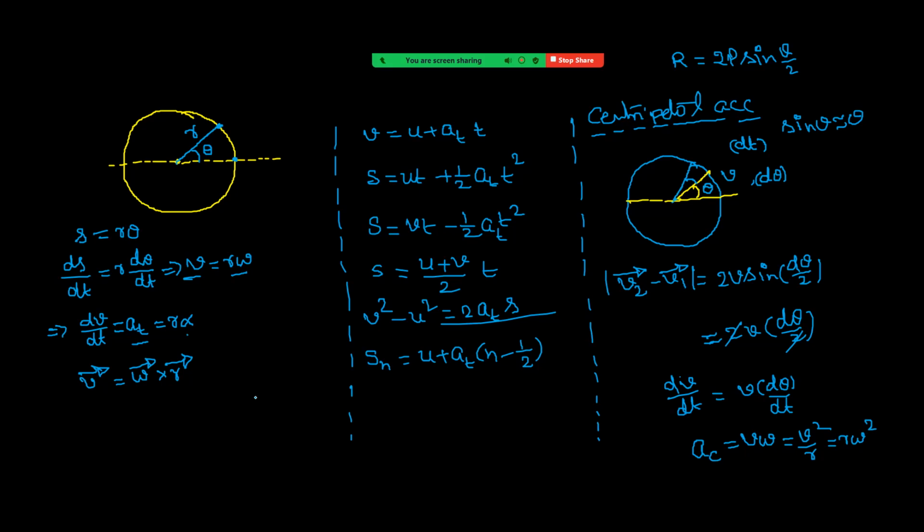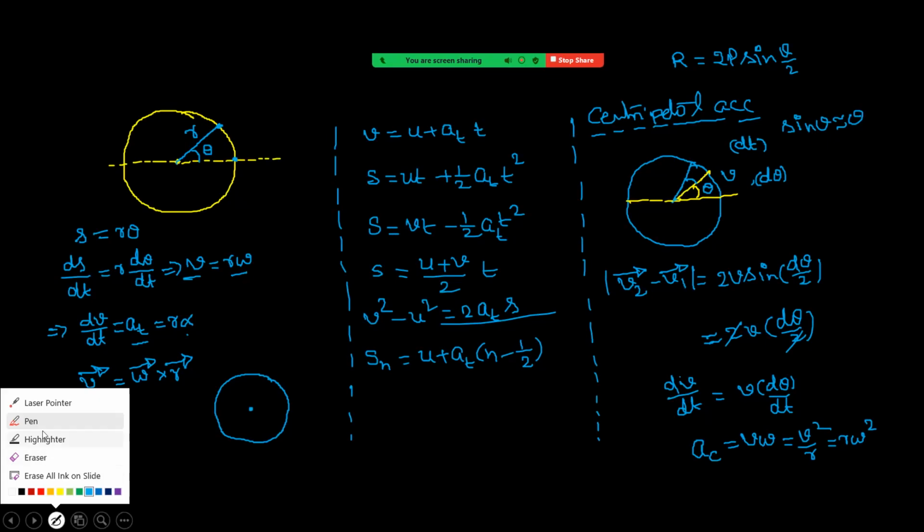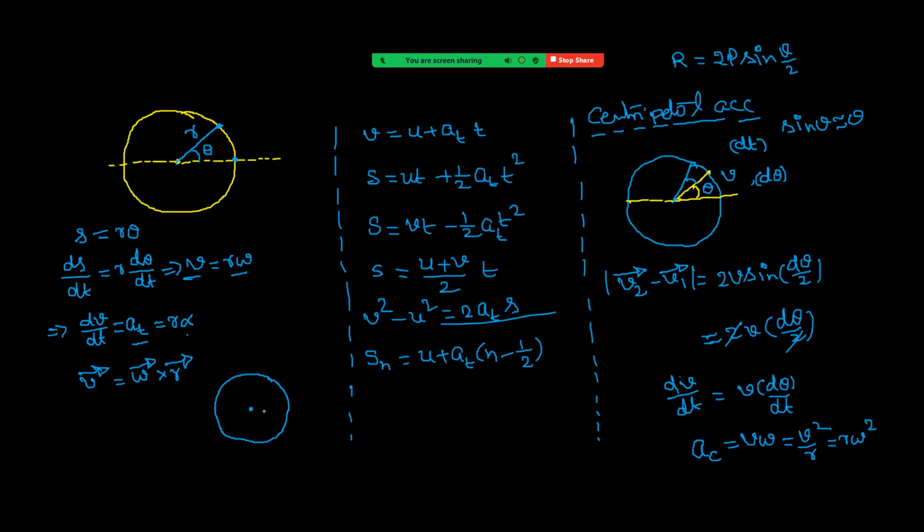So whenever a particle is in circular motion, it has two components of acceleration. It is not two accelerations, but two components of acceleration. One is AC, the other one is AT.